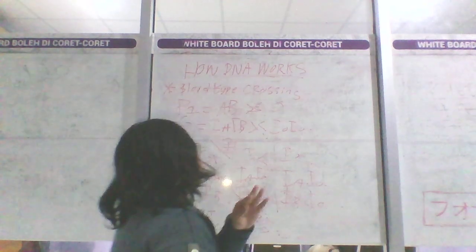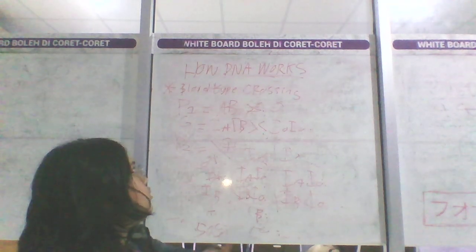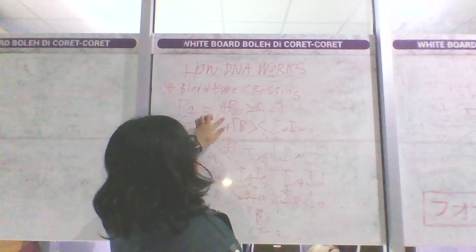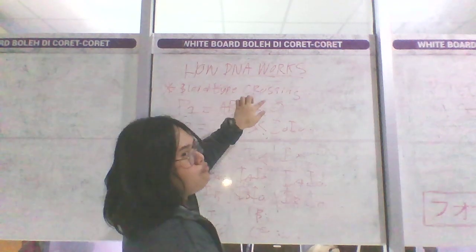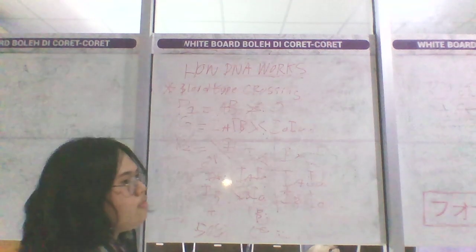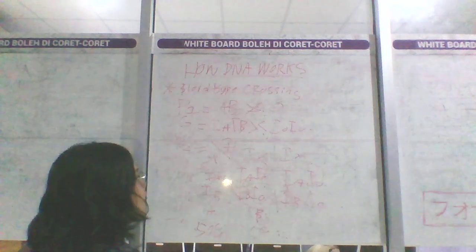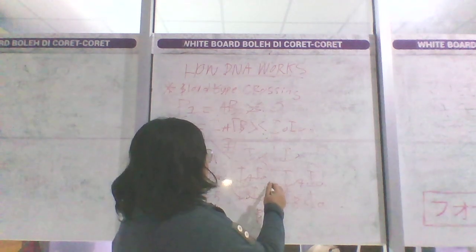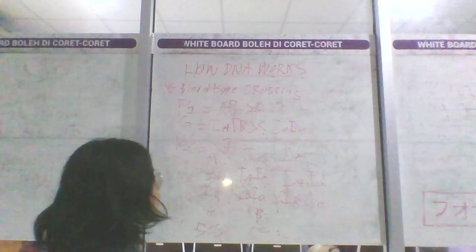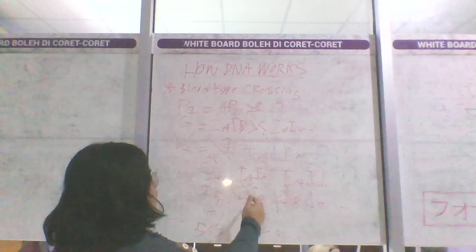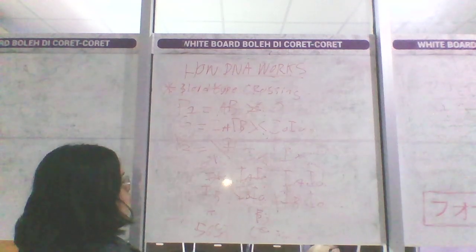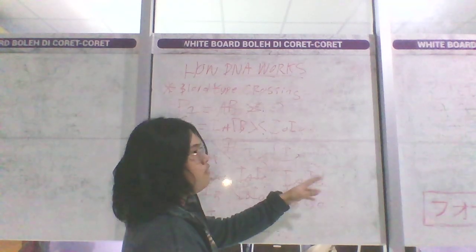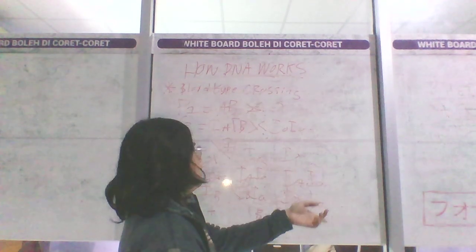So the interesting thing we get from the blood type crossing approach is how DNA works. If a male with blood type AB marries a woman with blood type O, their future child can have a probability as a boy of blood type A 25% and blood type B 25%. It's the same rule if we have a girl child.